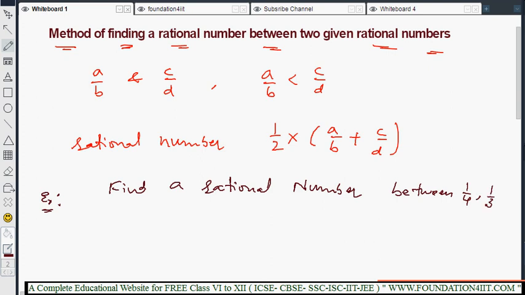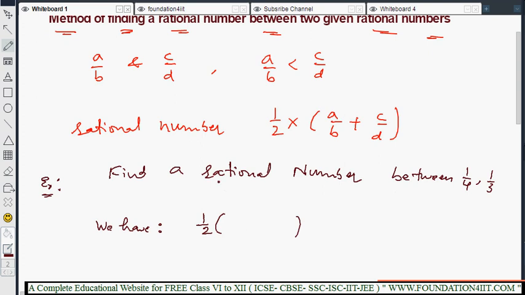So between 1 by 4 and 1 by 3 we need to find a rational number. What do we do according to the formula? Just take 1 by 2 into, the bracket also denotes the into symbol, 1 by 2 into 1 by 4 plus 1 by 3.